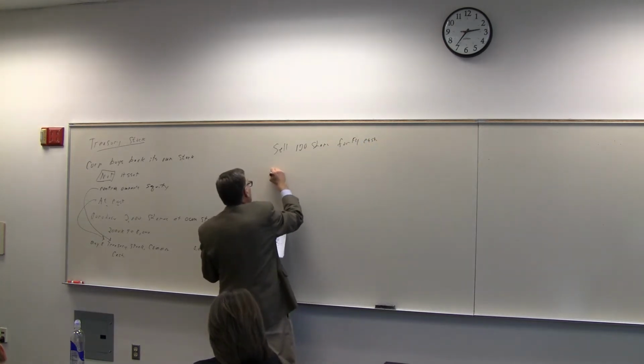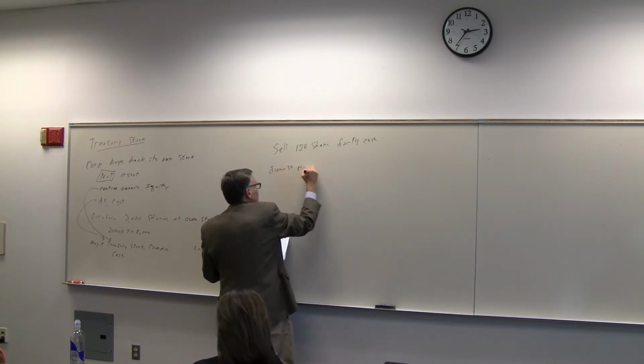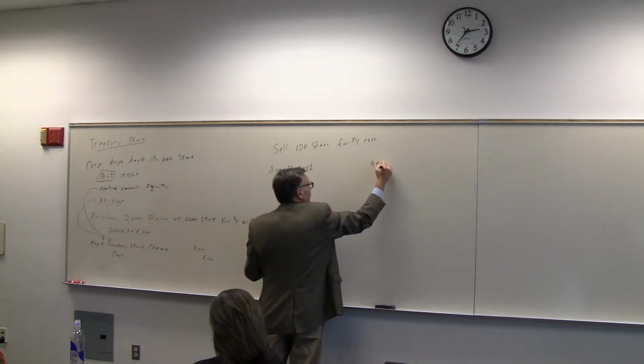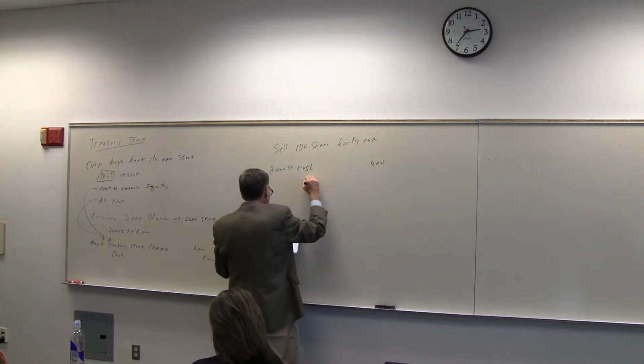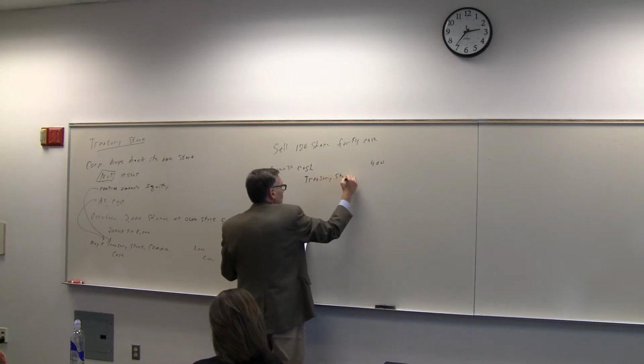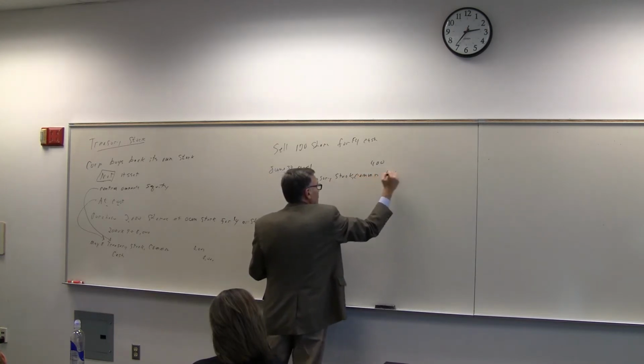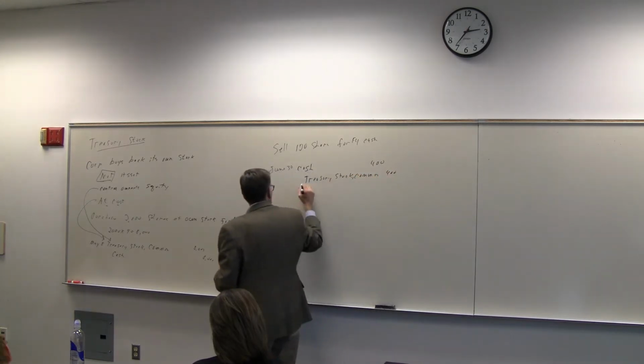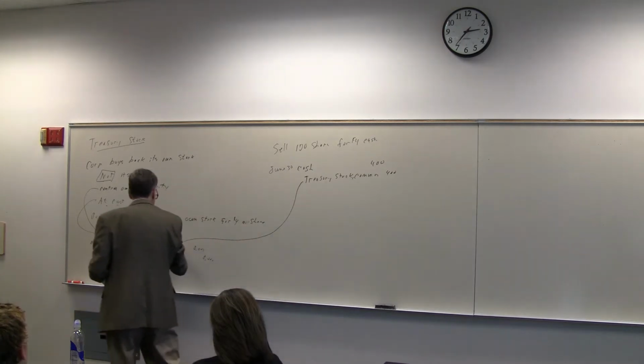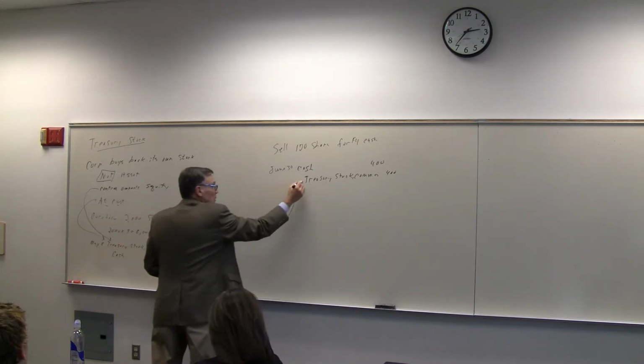On June 30th is when they made the sale. They debit cash for the 400, and they credit treasury stock, common for the 400, okay?